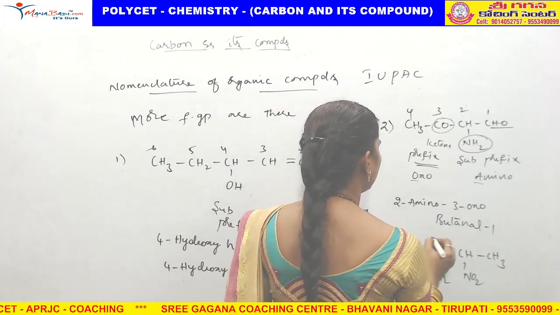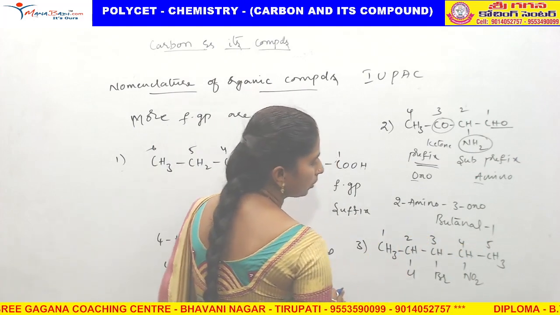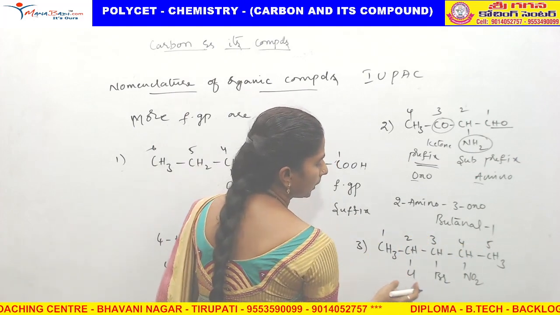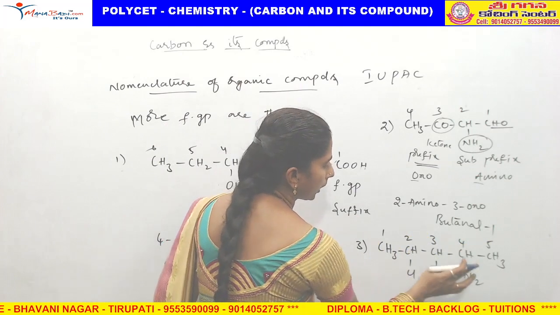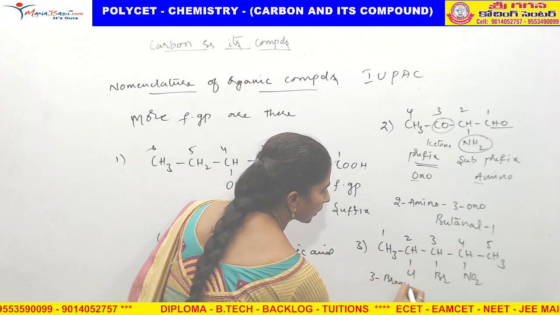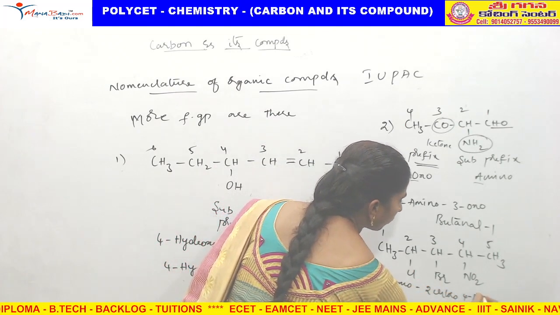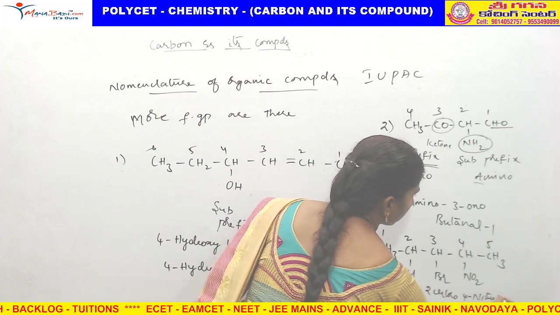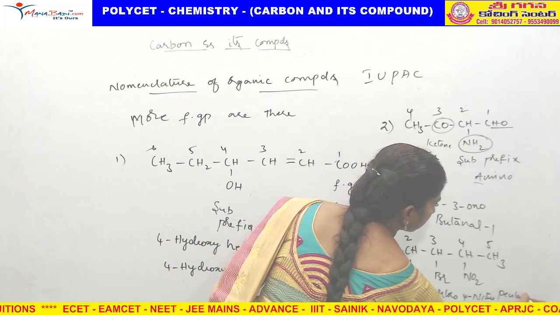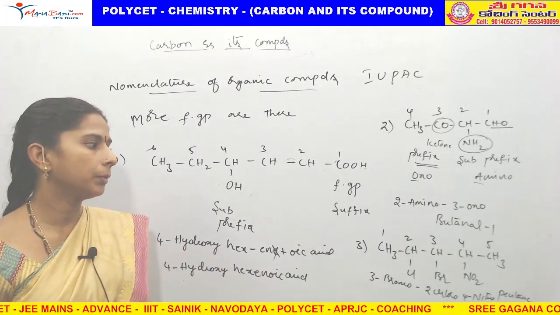So 1, 2, 3, 4, 5. In these, which name do you write first based on alphabetical order? This is chloro, bromo, nitro. Which will come first? Bromo. 3-bromo, 2-chloro, 4-nitro, pentane. That is the way to write the nomenclature.